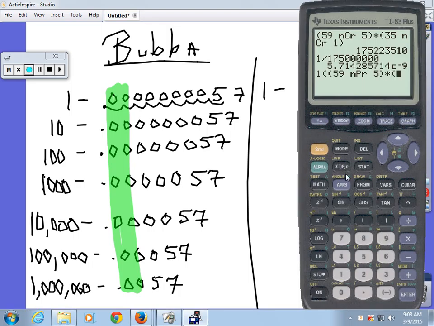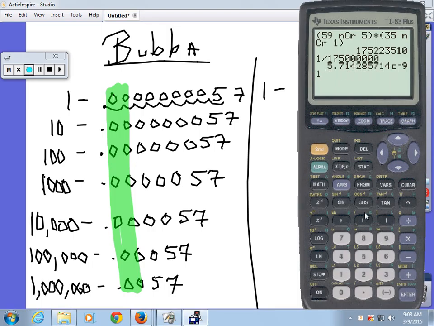I'm going to try this and it probably is going to mess up, but I'm going to try it anyway. Oh well, I tried it. I tried to make a shortcut and it didn't work.